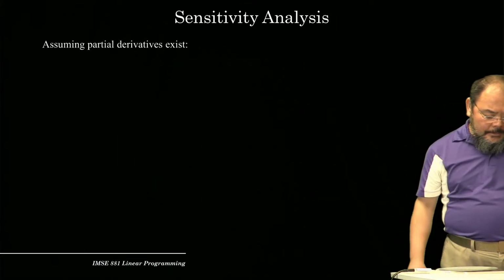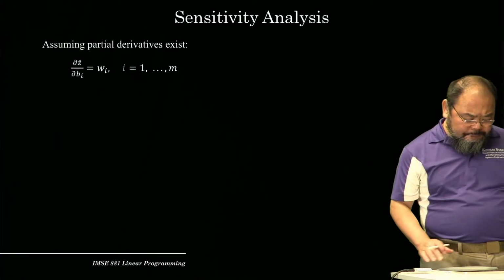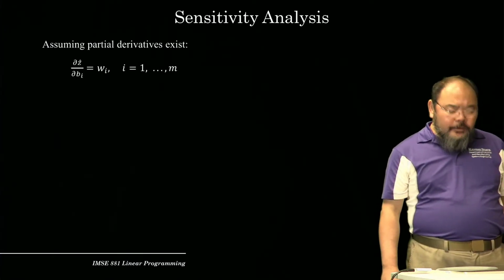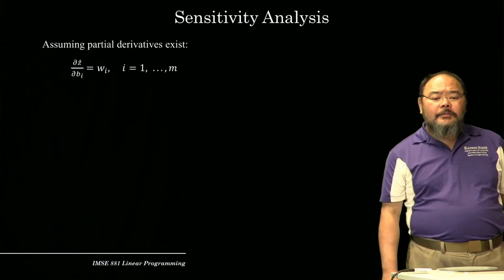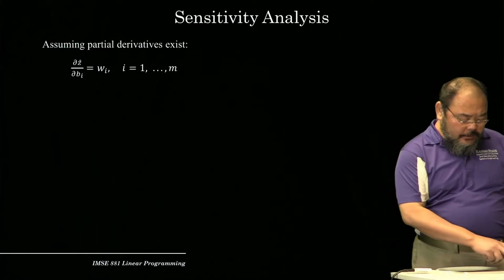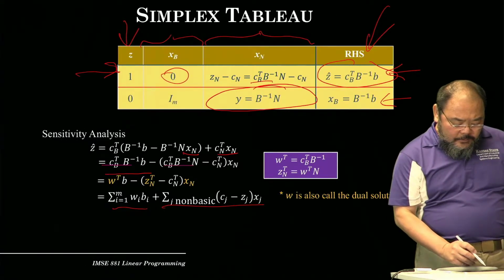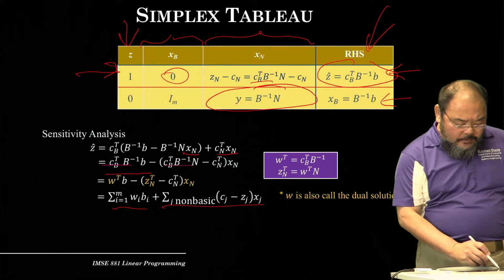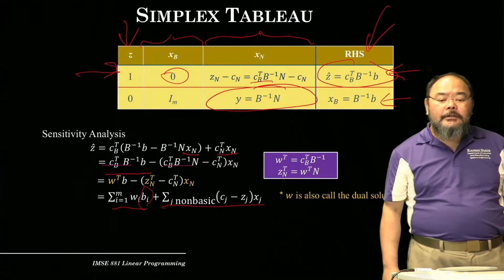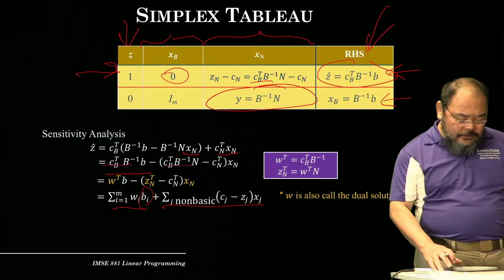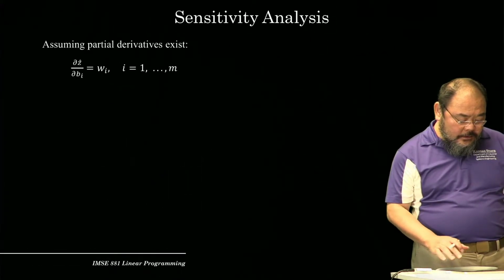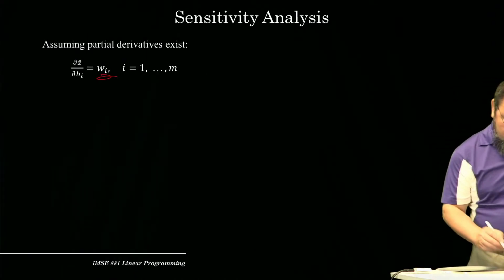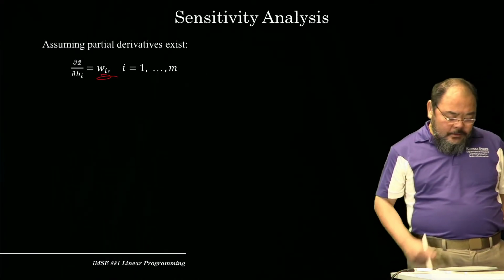Let's take a look at how this would work. First we're going to see the partial of z hat over partial b. Taking the partial with respect to bj, we see that in this case it is omega.